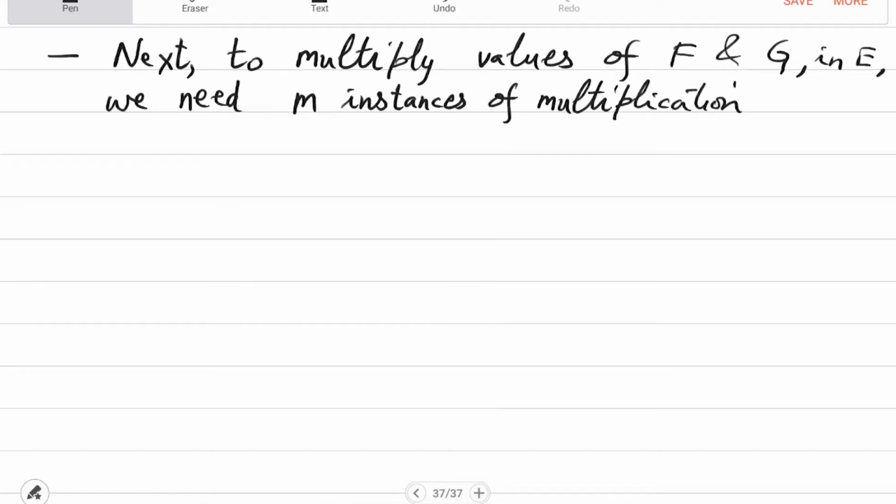M instances of multiplication, and these things that you are multiplying, what is the degree of these polynomials in y? At most k, right? Each instance has degree less than k.